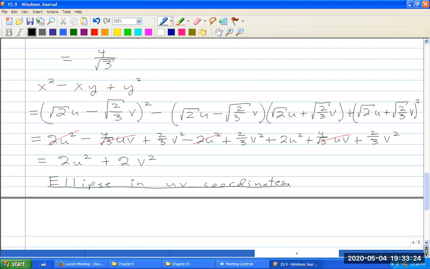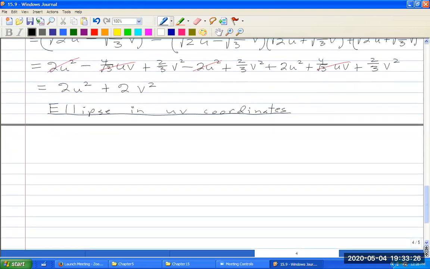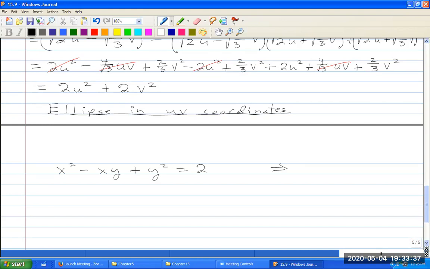Okay. So the ellipse was x squared minus xy plus y squared equals 2. And so this became, well, in the UV plane, u squared plus v squared is 1.